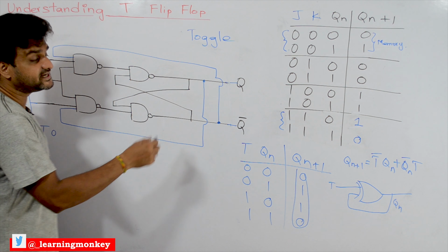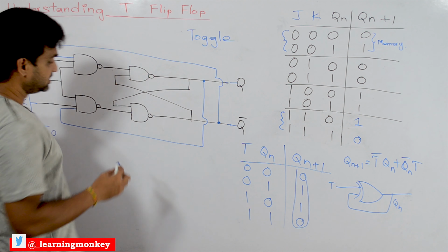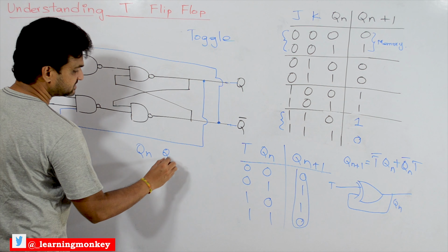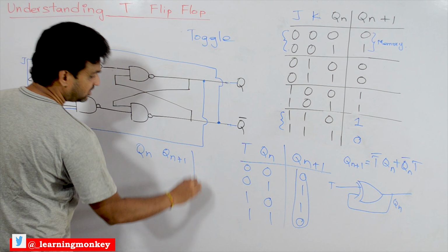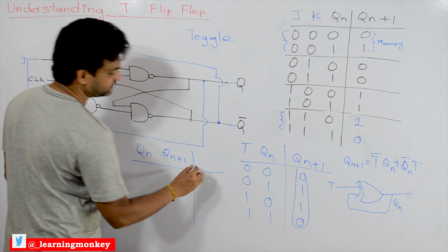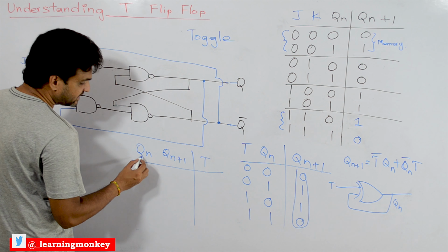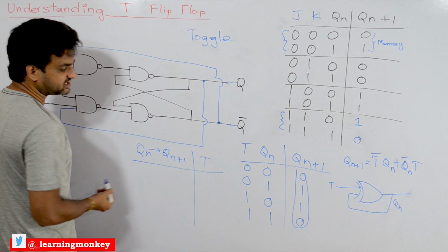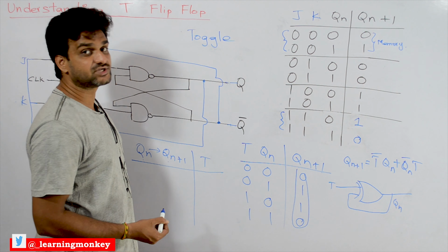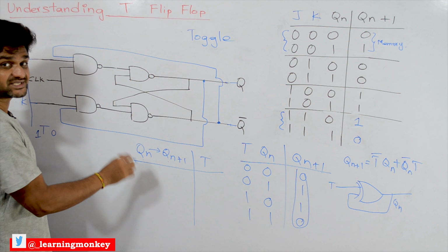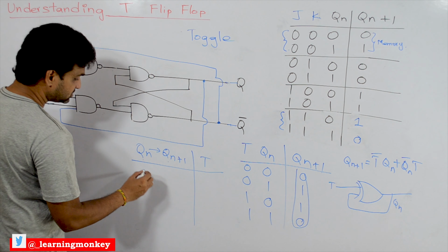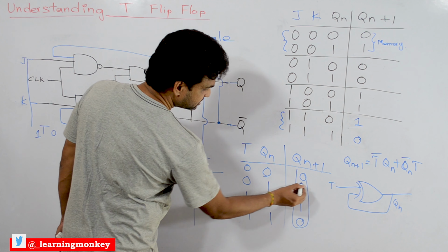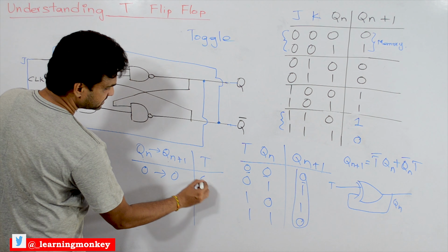And what is the excitation table for the T flip-flop? All these tables were already discussed in our previous videos for the other flip-flops. Whenever we want to change from one state to another state, the inputs required are represented in this excitation table. Whenever the state is 0 and we want it to remain 0, the input has to be 0.